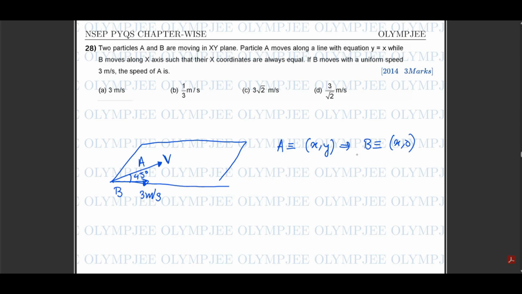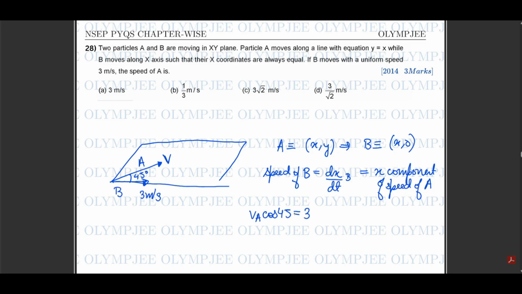So the speed of B, which is dx by dt, should be equal to the x component of speed of A. That means that VA cos 45 should be 3. That gives us V is equal to 3 root 2.